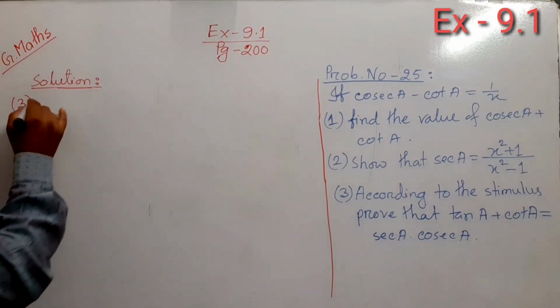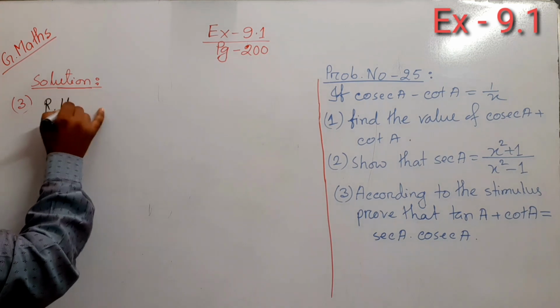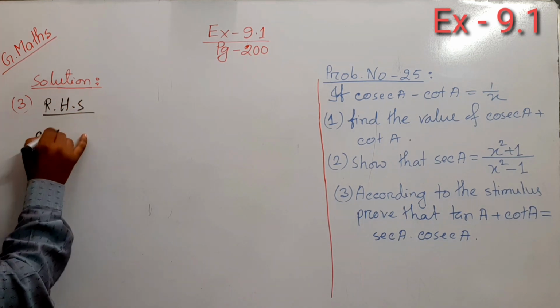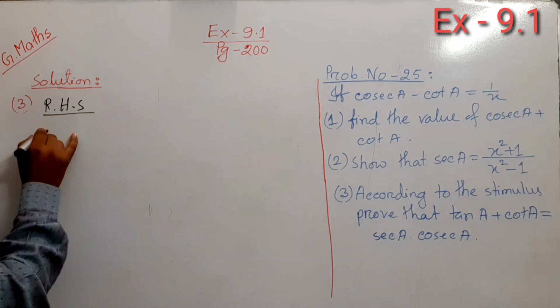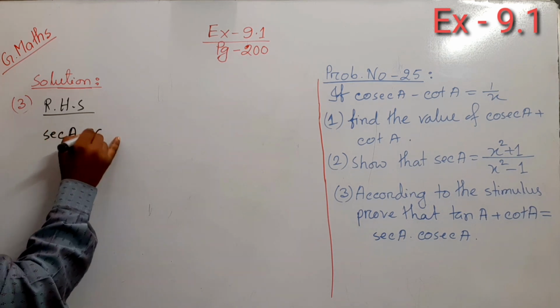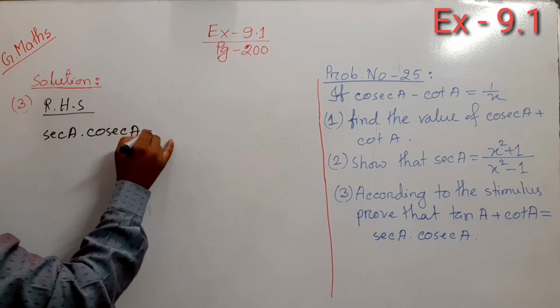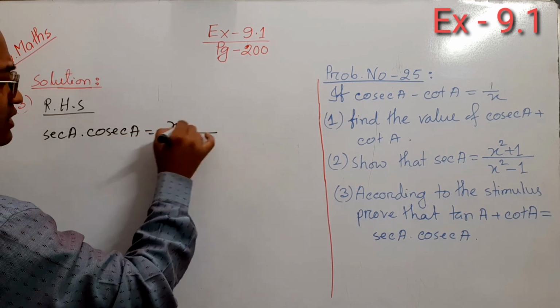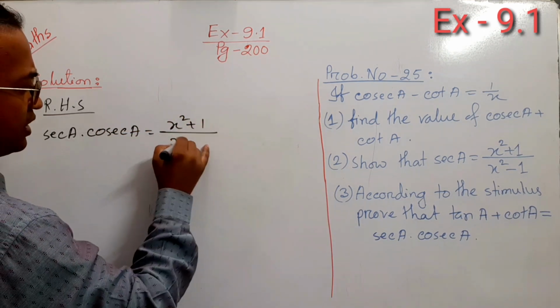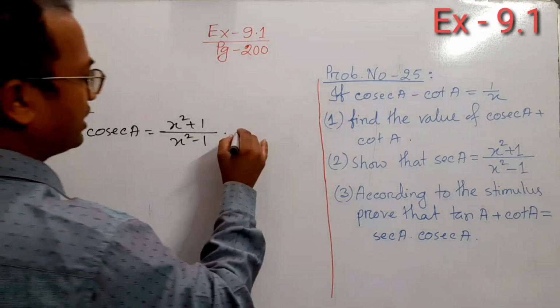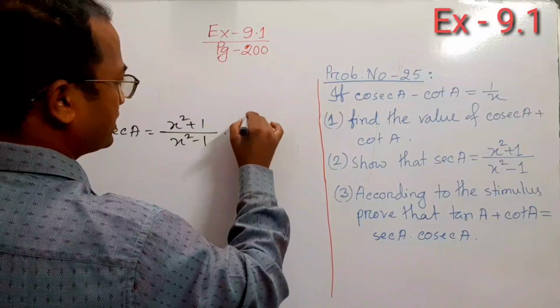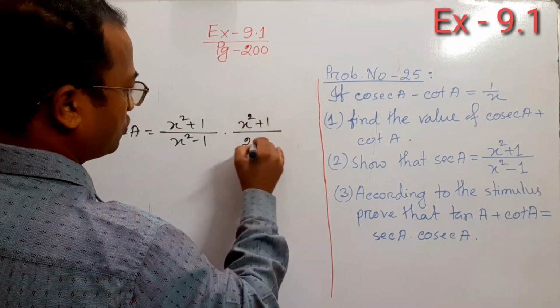Now right hand side, that is sec A into cosec A, and the value of sec A is x square plus 1 by x square minus 1, and the value of cosec A is x square plus 1 by 2x.